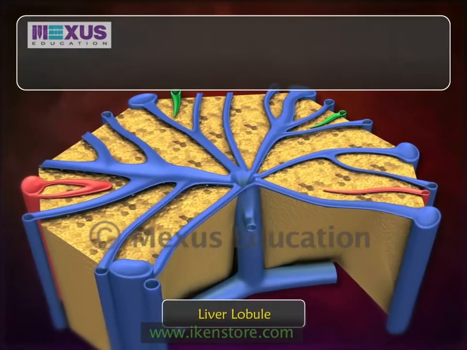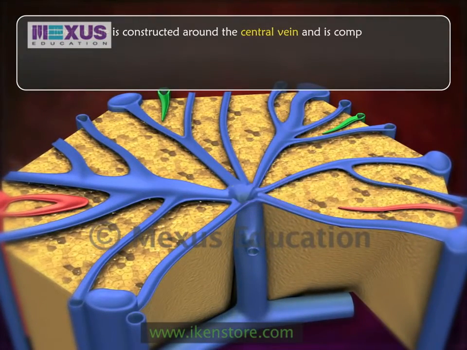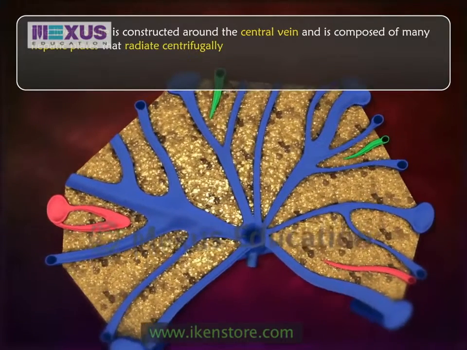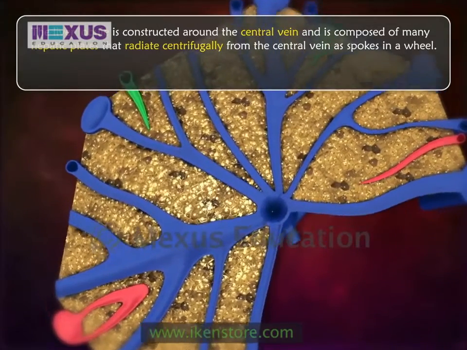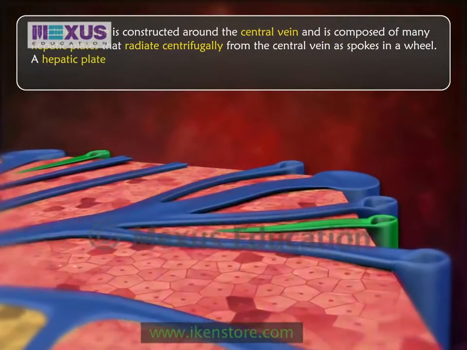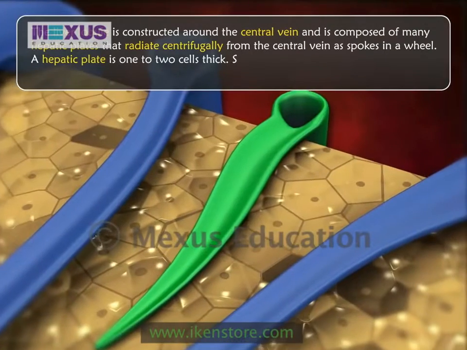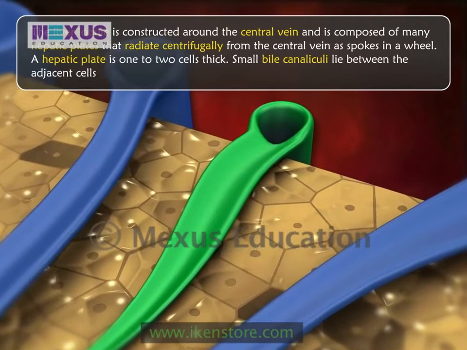The liver lobule is constructed around the central vein and is composed of many hepatic plates that radiate centrifugally from the central vein as spokes in a wheel. A hepatic plate is 1 to 2 cells thick. Small bile canaliculi lie between the adjacent cells.